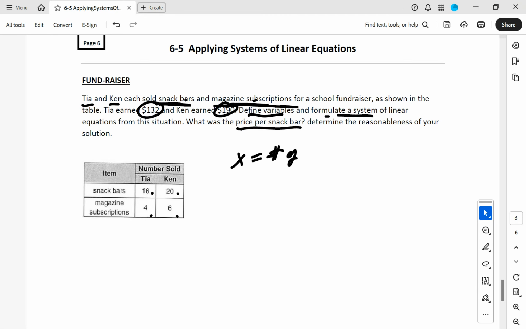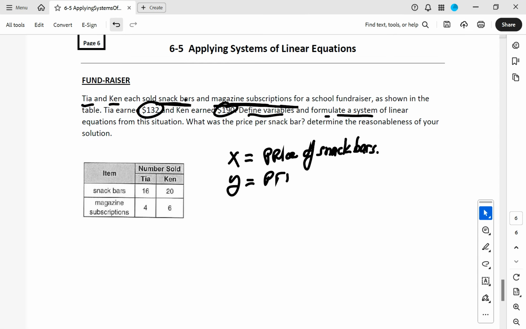So I put the money sign, but I think I want to put the word price instead. Okay, so x is the price of snack bars, and y would be the price of magazine subscriptions. Okay, I'll abbreviate those there.